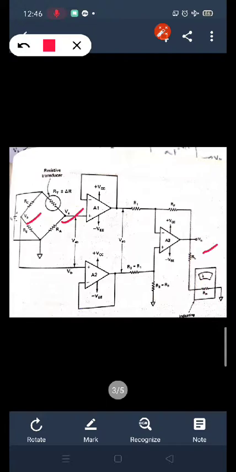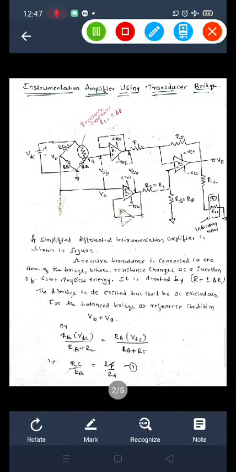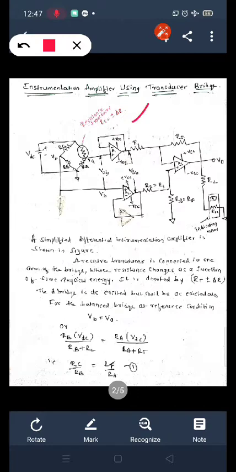The output voltage of the bridge can be expressed as a function of the change in resistance of the transducer. We take it as an increment in the resistance, plus delta R. Let the change in the transducer resistance be delta R.